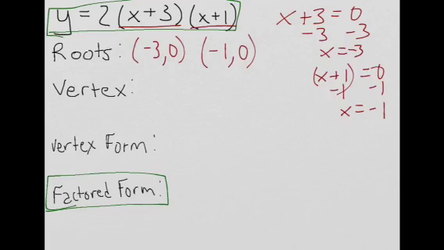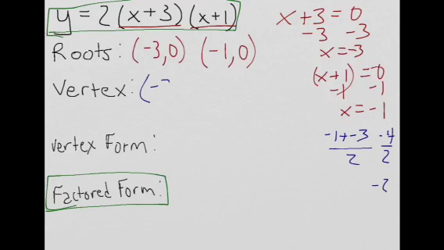To find the vertex, we just average these two. So we've got negative 1 plus negative 3 over 2, which gives us negative 4 over 2, which is negative 2.